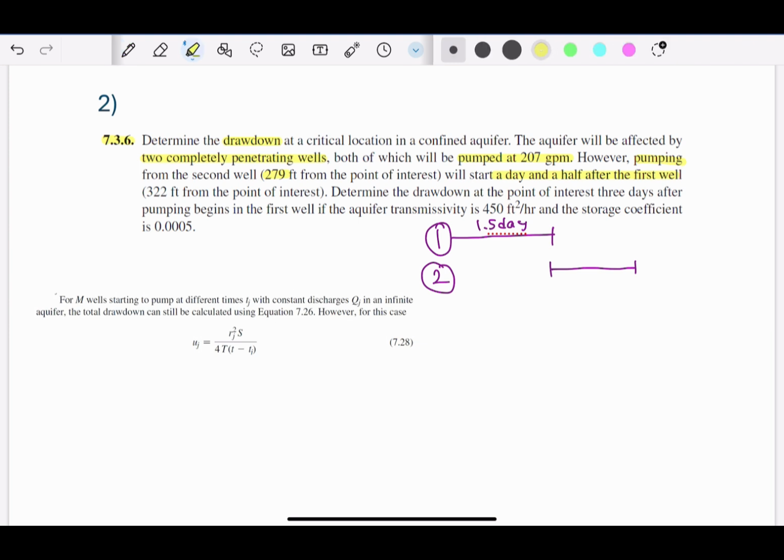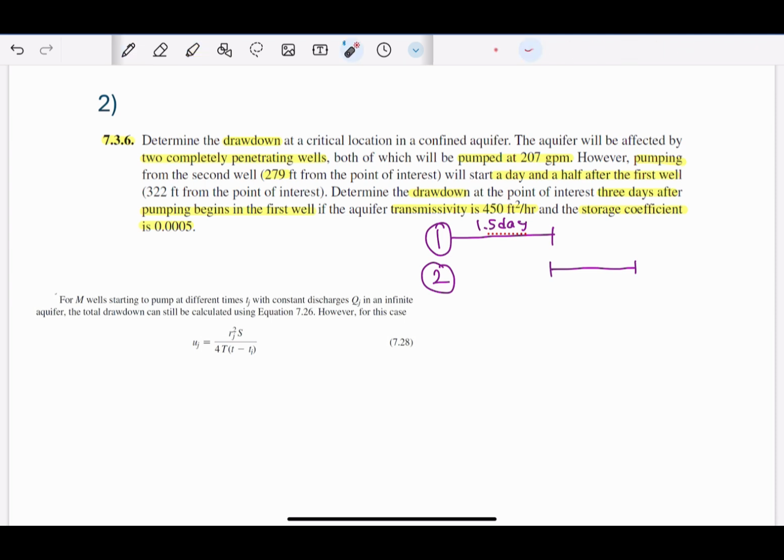So we need to determine the drawdown at the point of interest 3 days after pumping begins in the first well. The aquifer transmissivity is 450 square feet per hour and the storage coefficient is 0.0005.